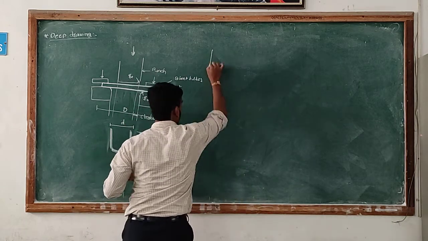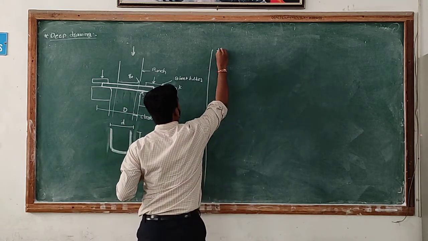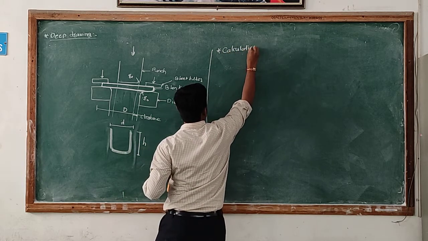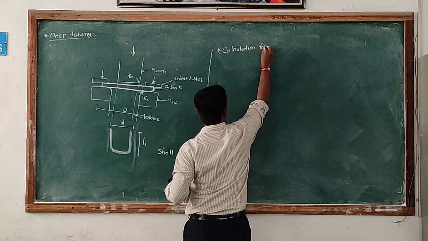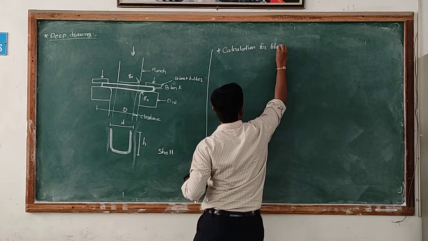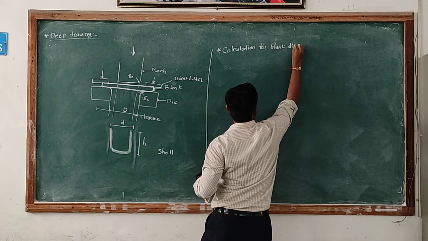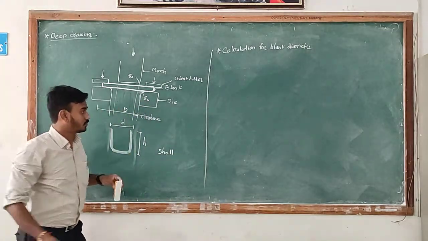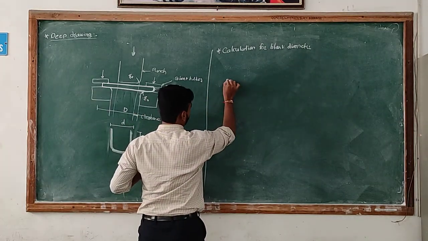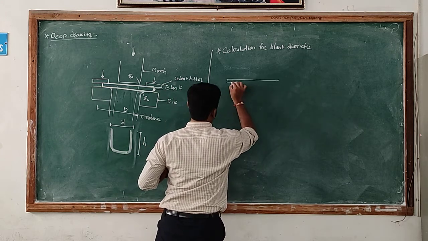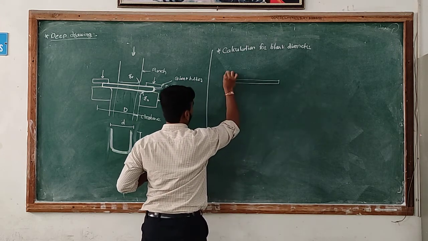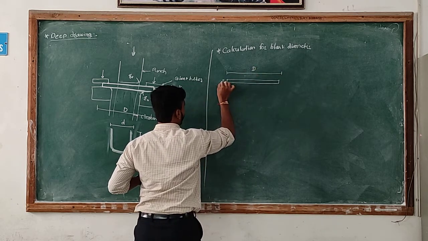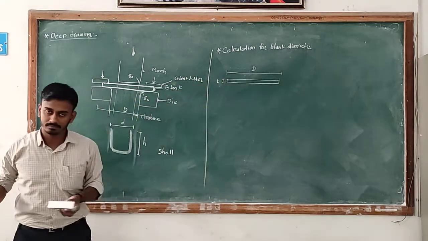Now we will calculate the blank diameter. Suppose this is my blank having diameter capital D and thickness t.